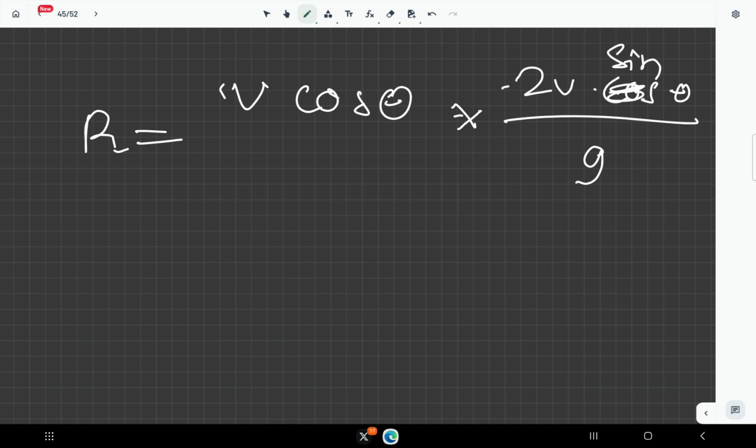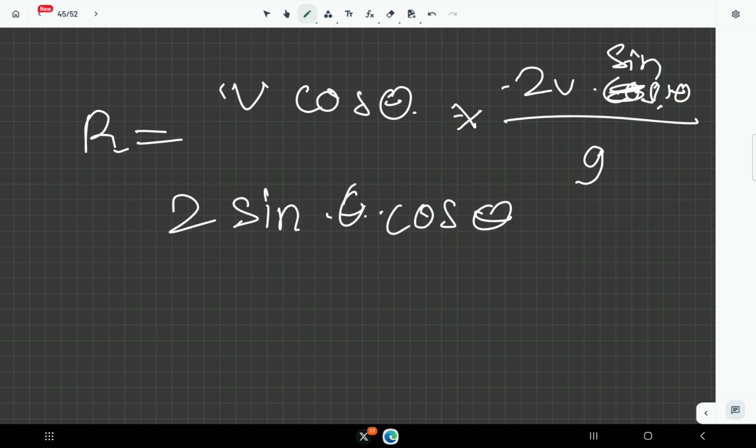Now, we can simplify using the trigonometric identity: 2 sine theta cos theta is sine 2 theta.